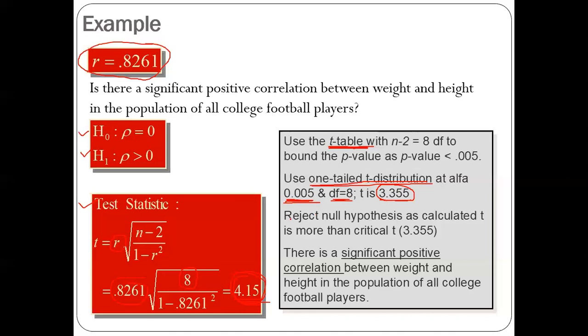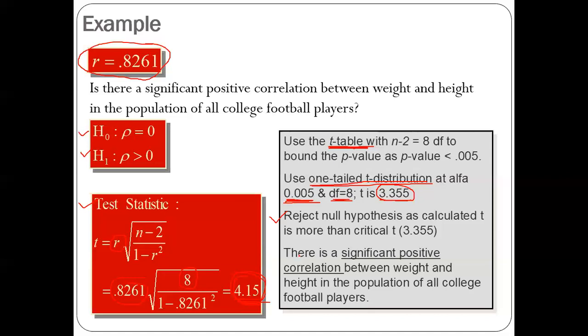We can conclude that we reject the null hypothesis, because the t test statistic value is more than the critical t value, that is 3.355. So we can conclude there is a significant positive correlation between weight and height in the population of all college football players.